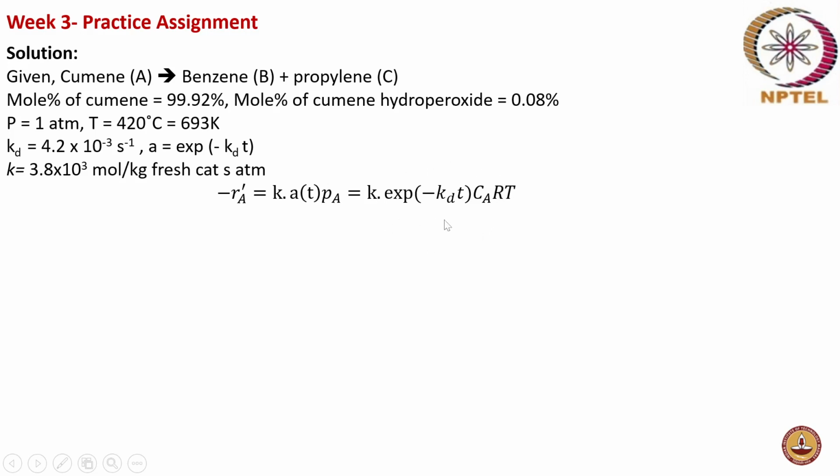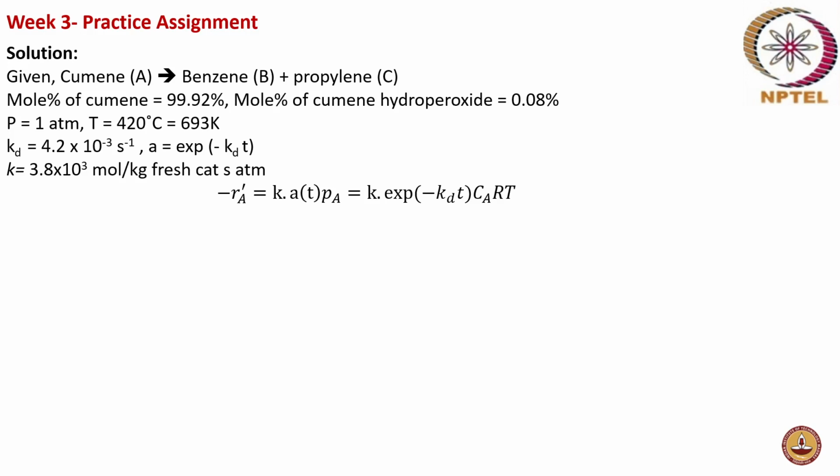Then I have rewritten the expression. First I have incorporated the expression for activity as exponential of minus kd t, and then I used the ideal gas law to rewrite partial pressure in terms of concentration, Ca into RT, where R is the universal gas constant and T is the temperature.